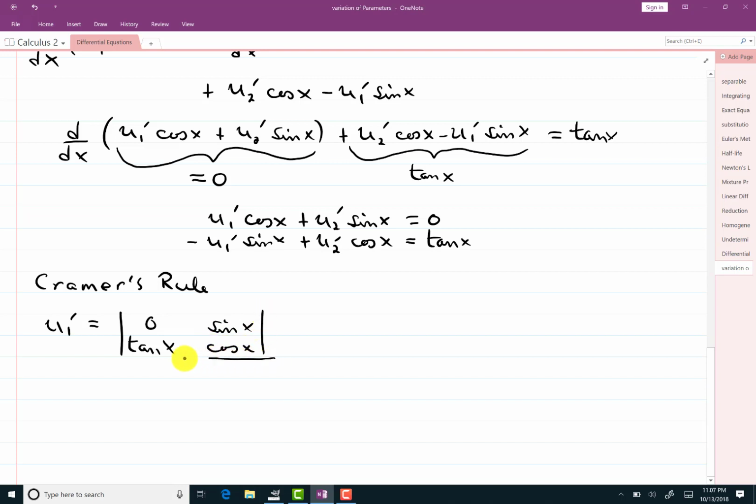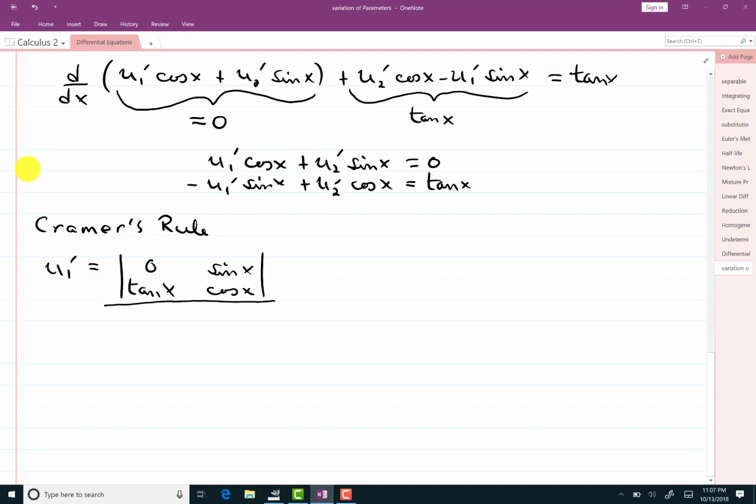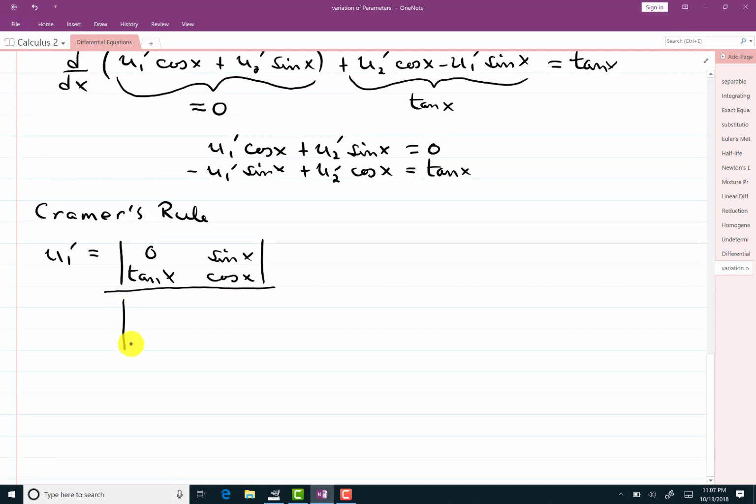And we divide the whole thing by the system of coefficients. So like cosine of x, sine of x. And I'll have negative sine of x, cosine of x.